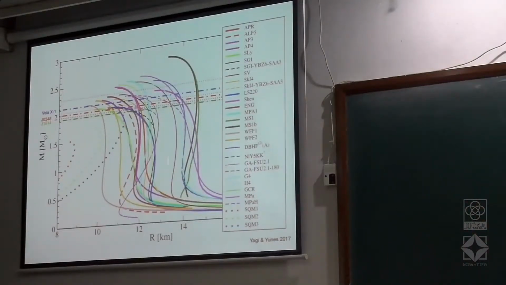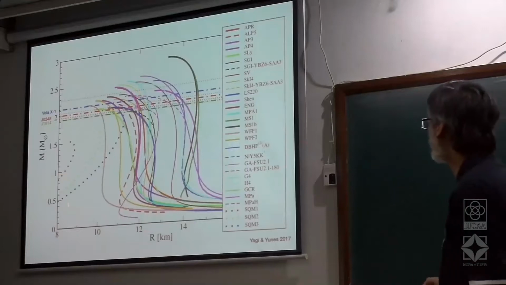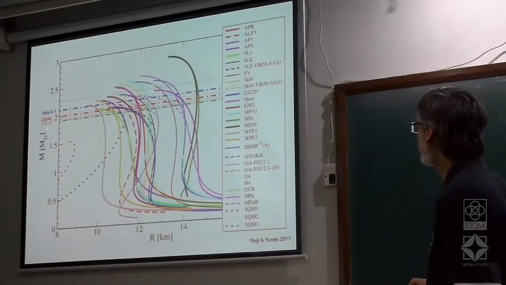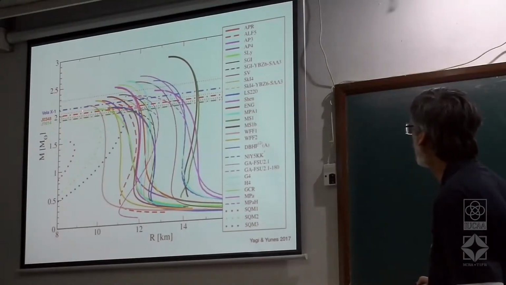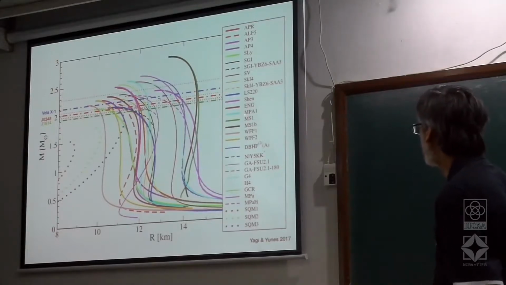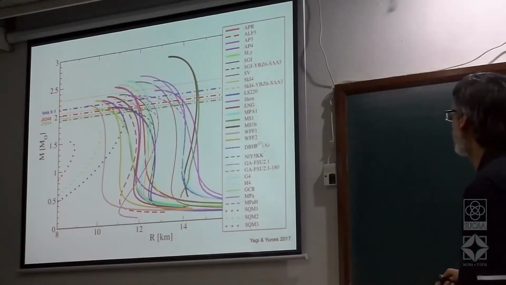Here again, there is a compendium of equations of state with some of the measured masses represented here. J0348, which I just mentioned, is over here, with these dotted lines giving you the error bar. Vela X-1 is a heavier measured mass, but with much larger error.